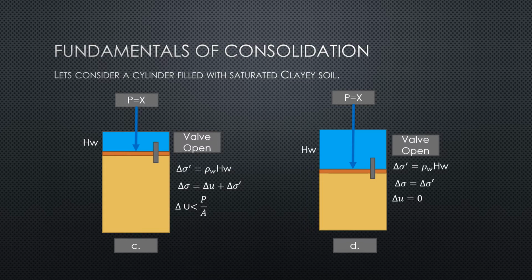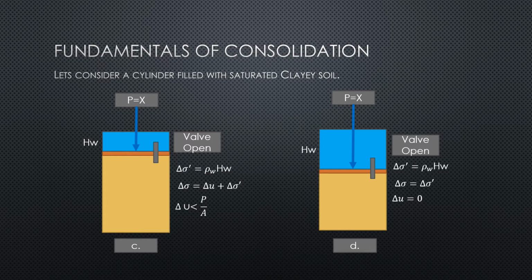The increase in effective stress in soil is equal to the unit weight of water times the height of the water. And the total stress is equal to the pore water pressure plus the increase in effective stress. And the pore water pressure is less than P over A.